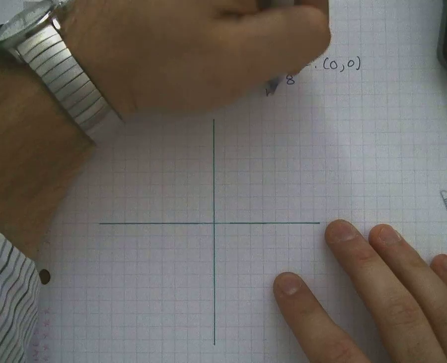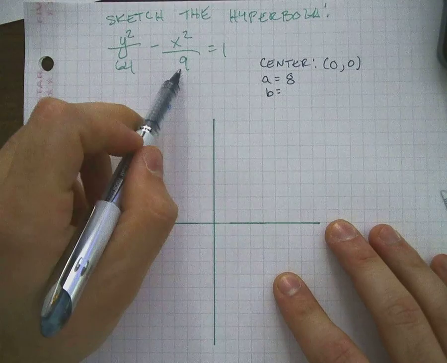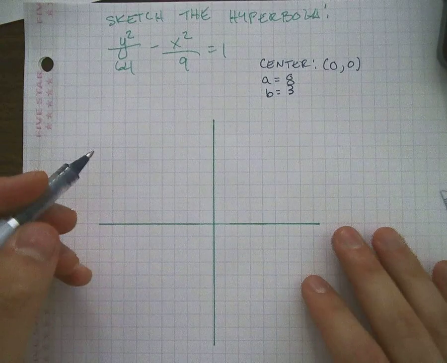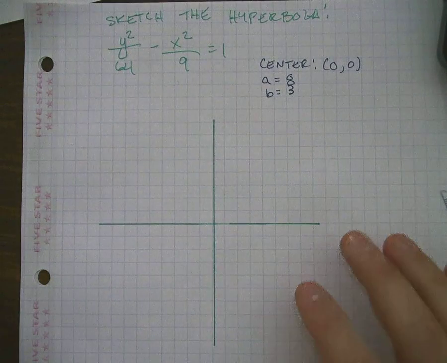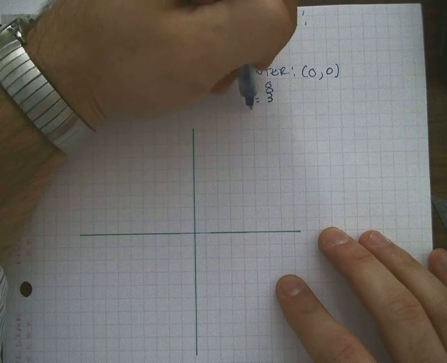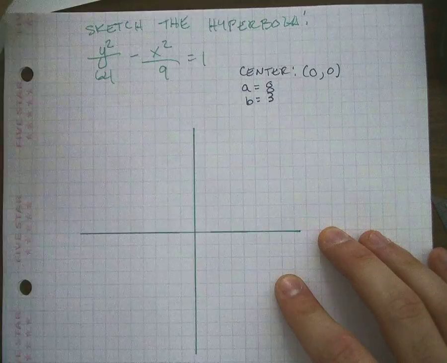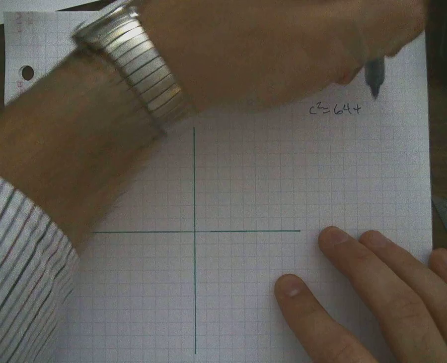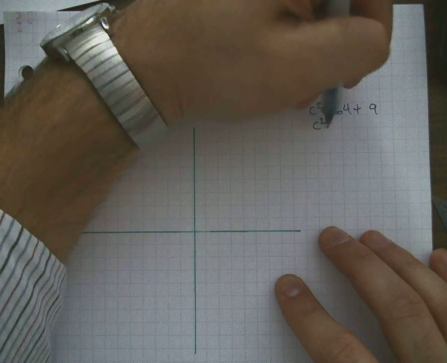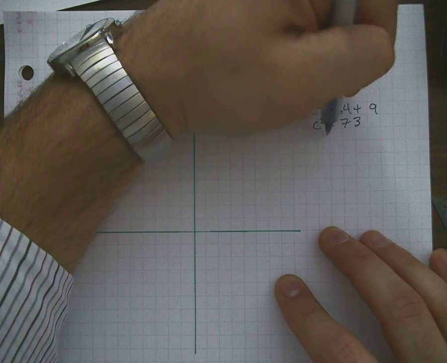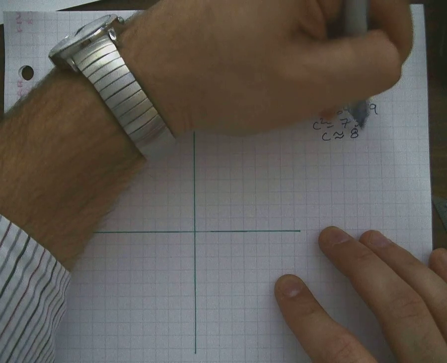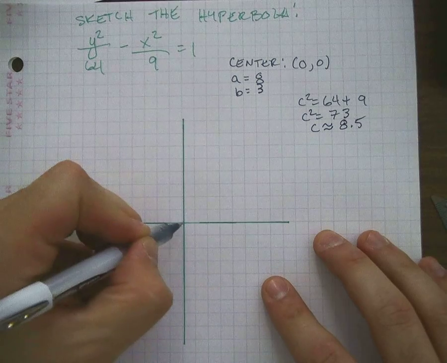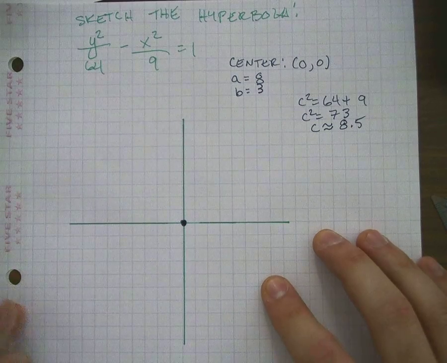And the b is 3, which means that the c is equal to 8.5 there.